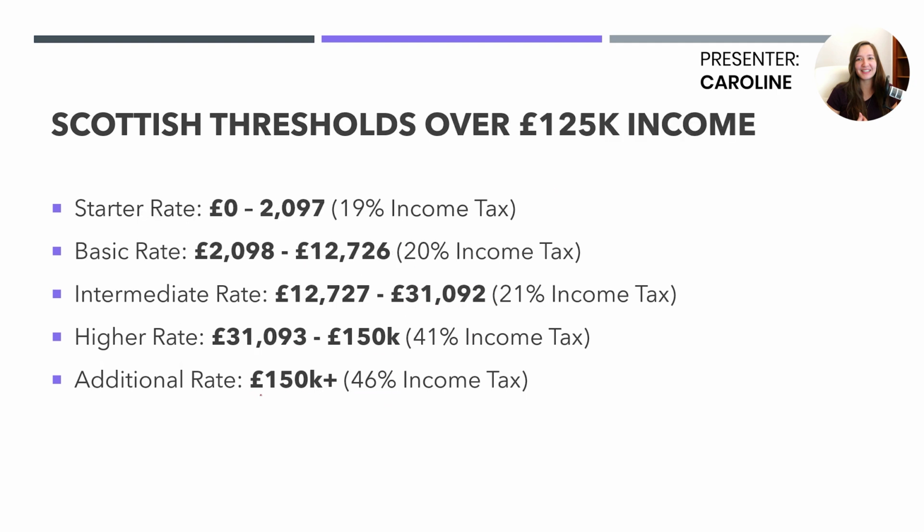Okay, so what happens when you lose your personal allowance when you're a Scottish taxpayer? So here are the thresholds when you earn over £125,000 worth of income. So you've got the starter rates of 0 to £2,097 at 19%. Then you can earn between £2,098 and £12,726 at 20% taxes.